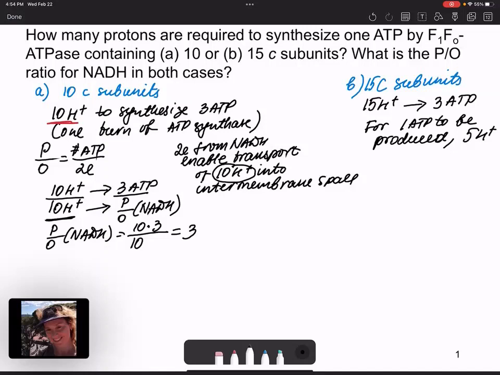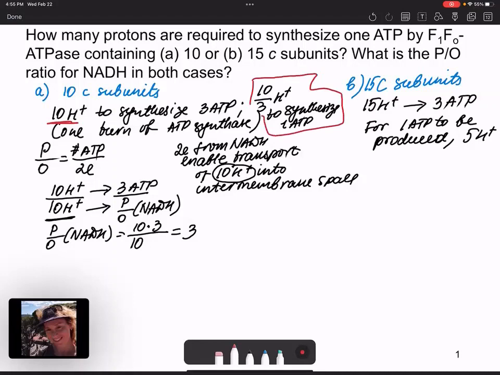And in the first case, it's 10 divided by 3 protons to synthesize one. That's the answer for the first part of this question. So here we have 5 protons required.